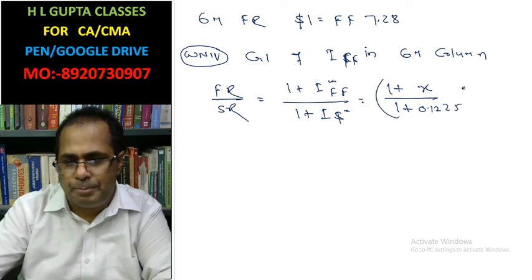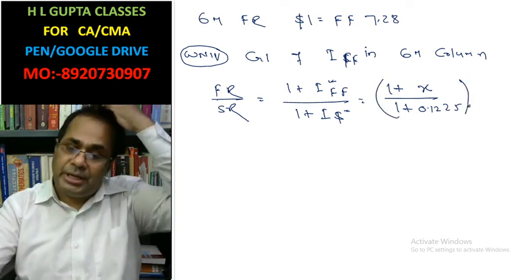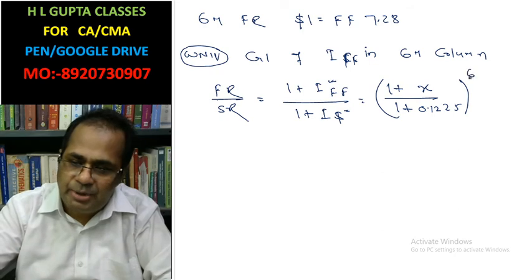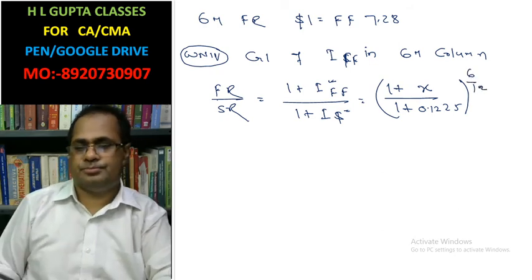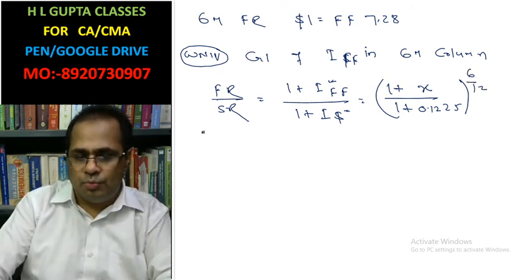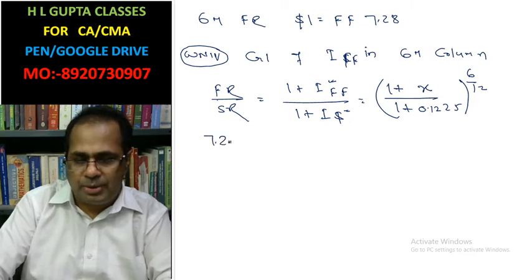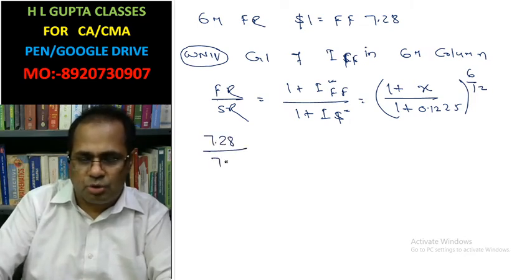Because it is compounded annually, you have to change the time period into years. Forward rate we have calculated 7.28, and spot rate is 7.05.